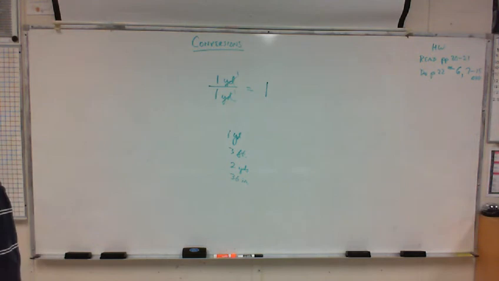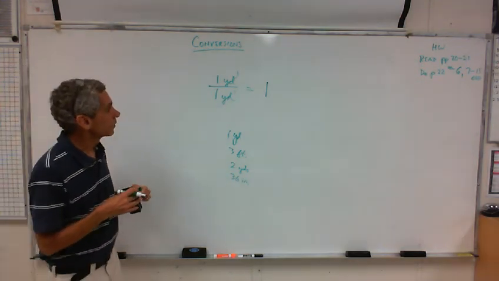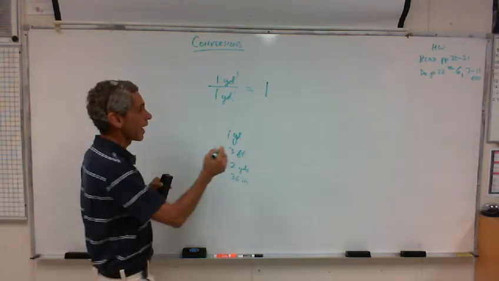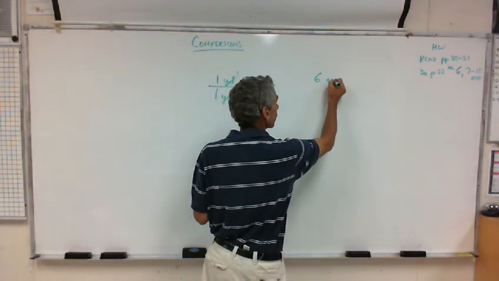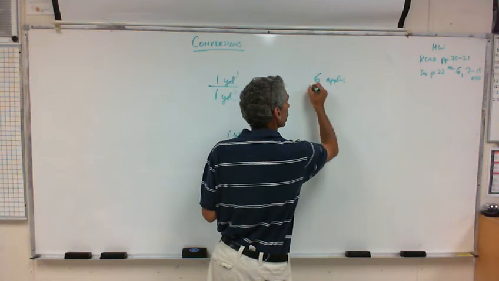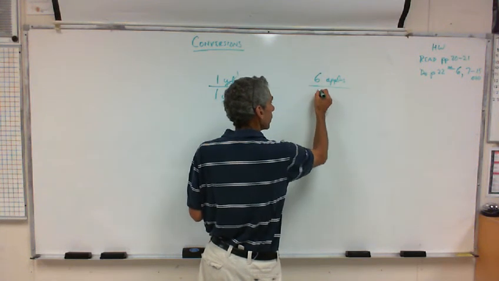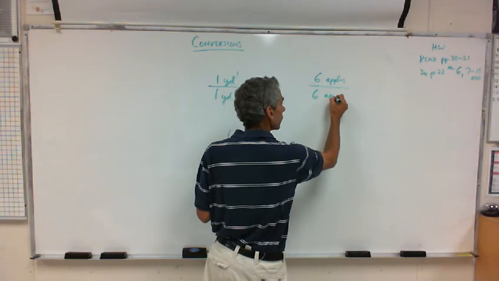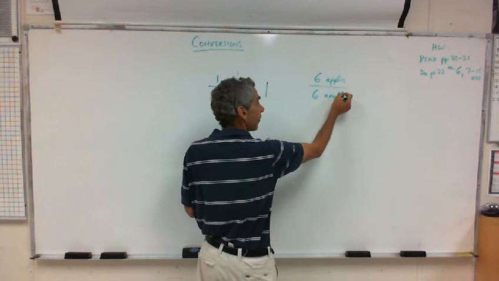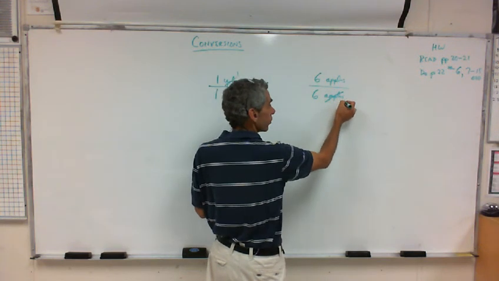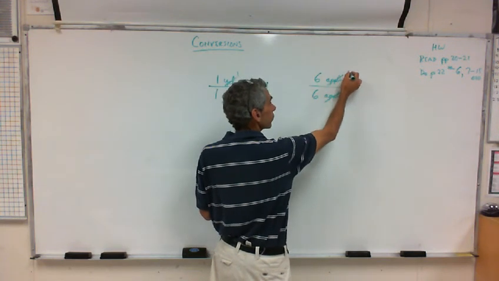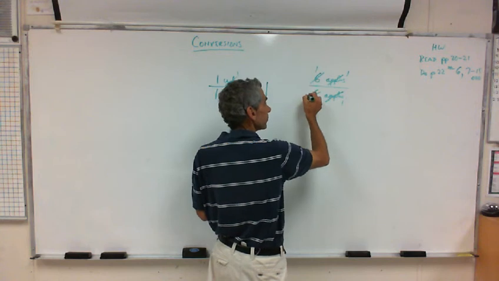Isn't that kind of the same as apples and oranges? Like 6 apples and 6 oranges? If I had 6 apples over 6 apples, then yes, the apples cross out. Apples goes into apples once, 6 goes into 6 once.